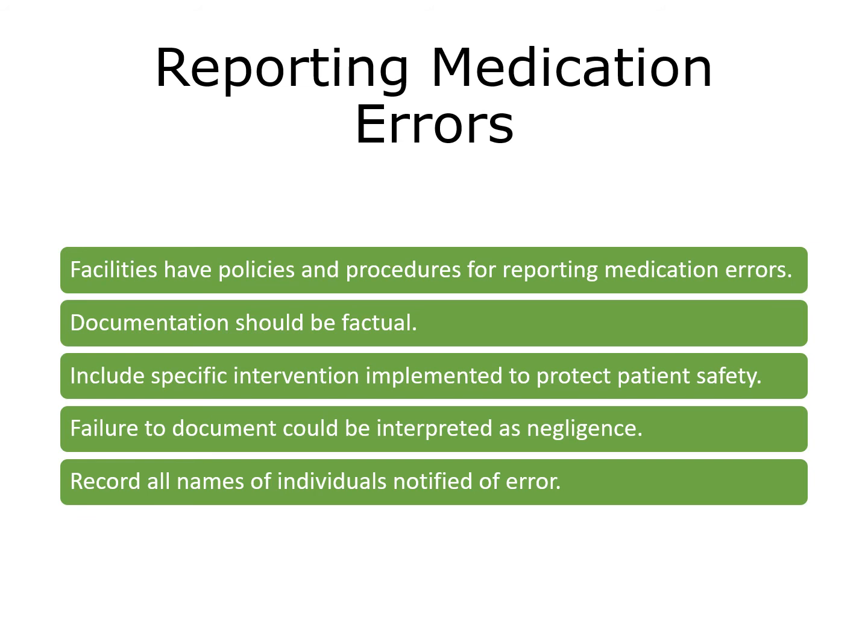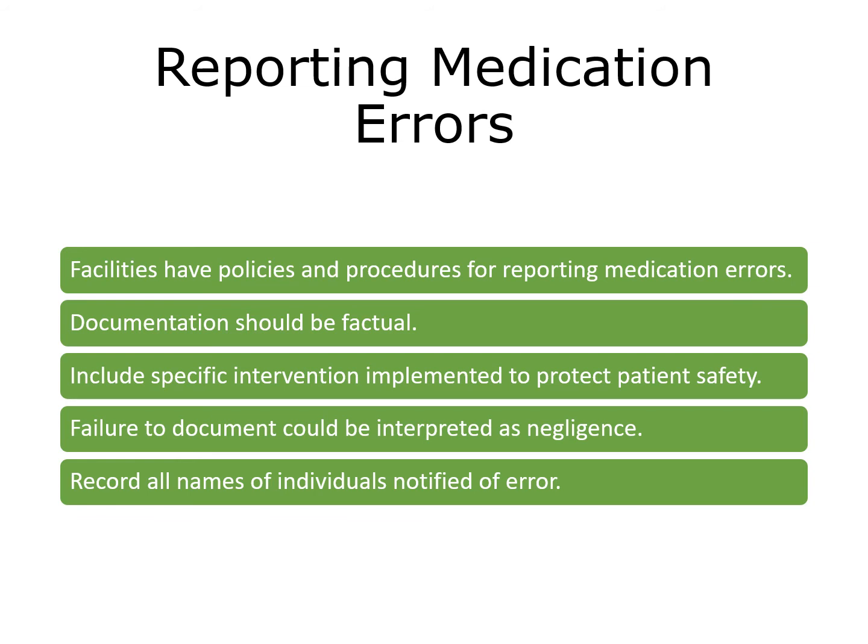Failure to document is typically interpreted as not only negligence, but trying to cover or hide something, which is never seen in a good light. So it's much better to explain and document. And as I said before, talk with the patient or talk with the healthcare professional, and then both of you talk with the patient.